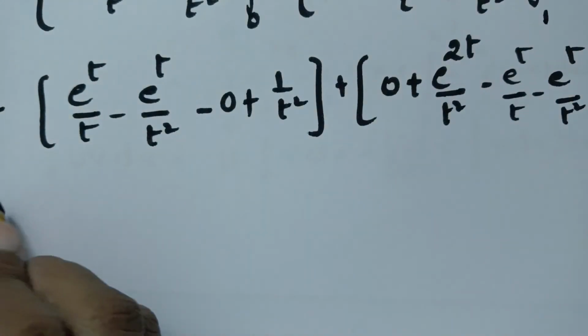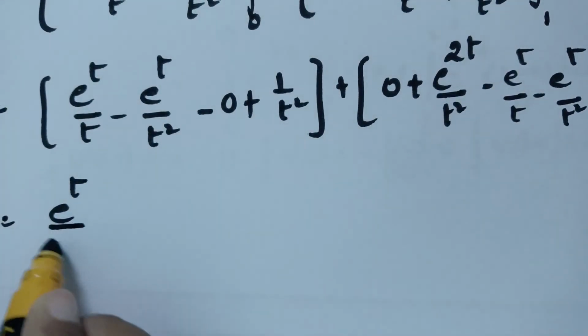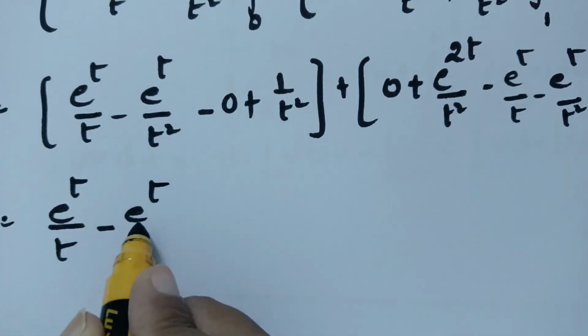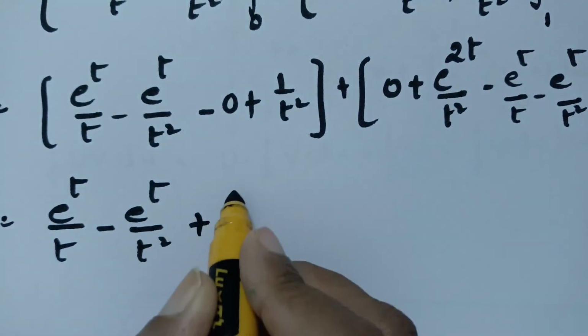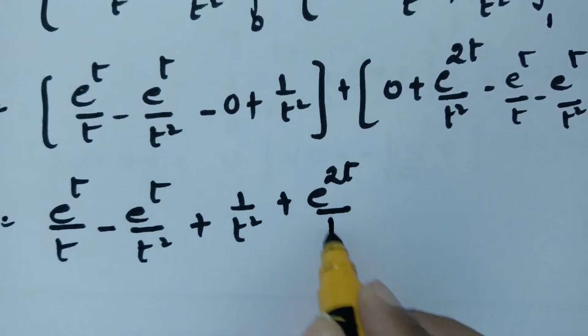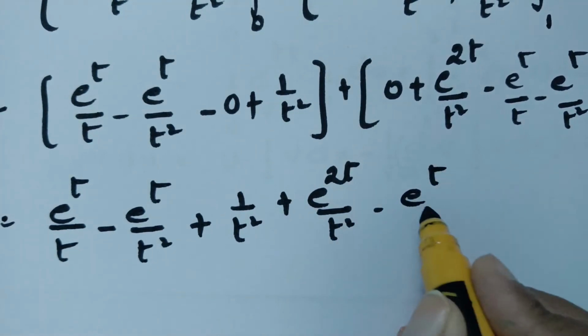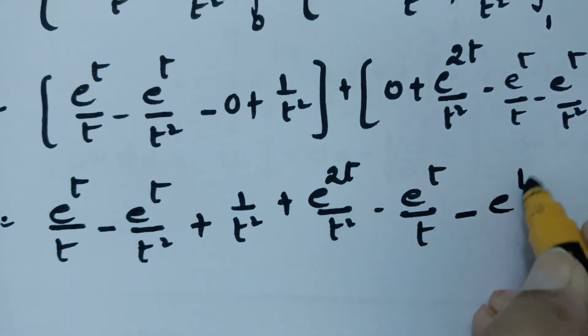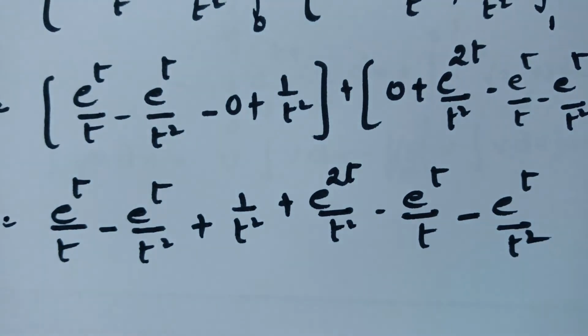Now multiplying through: e power t by t minus e power t by t square plus 1 by t square plus e power 2t by t square minus e power t by t minus e power t by t square.